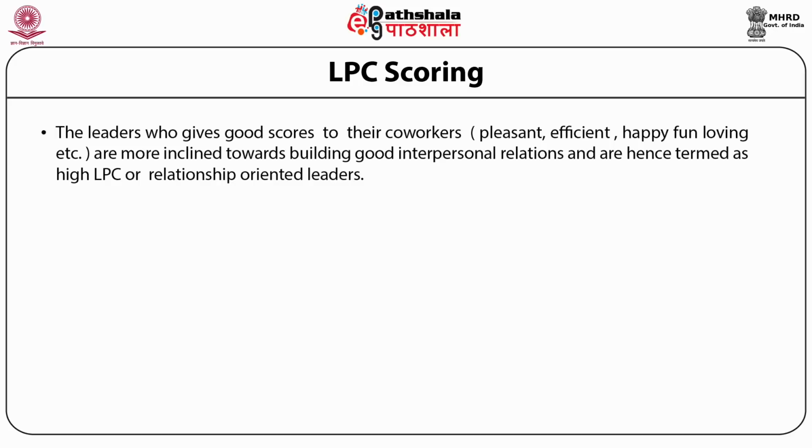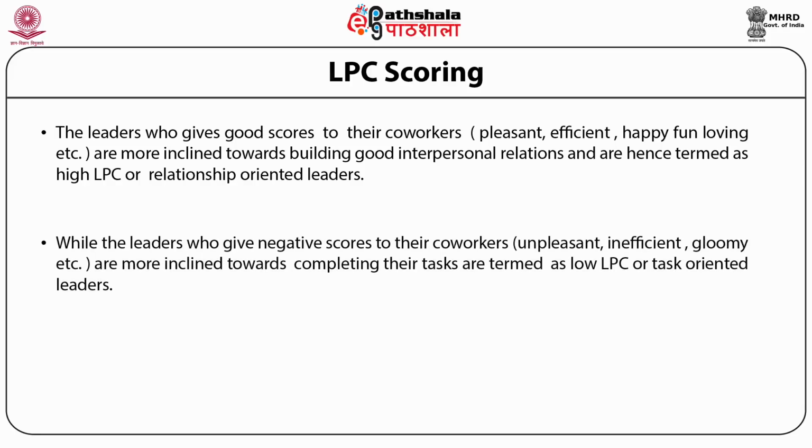The leaders who give good scores to their co-workers, that is pleasant, efficient, happy, fun-loving, etc., are more inclined towards building good interpersonal relations and are hence termed as high LPC or relationship-oriented leaders.